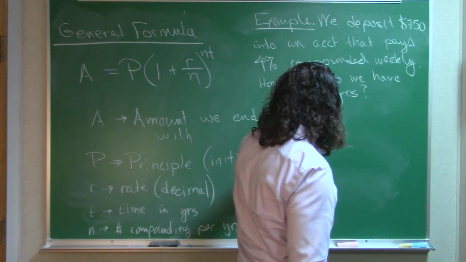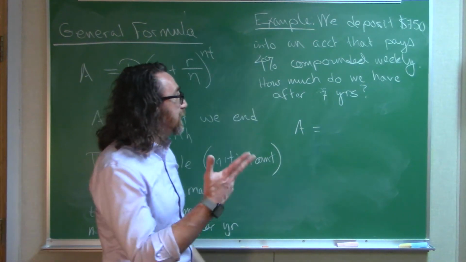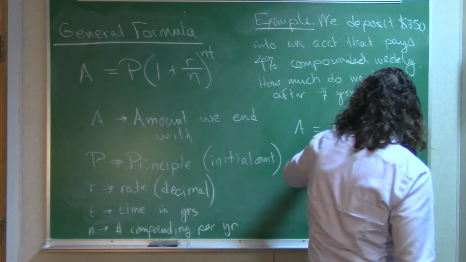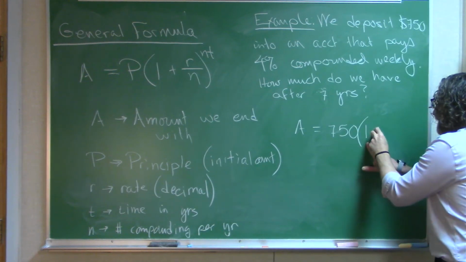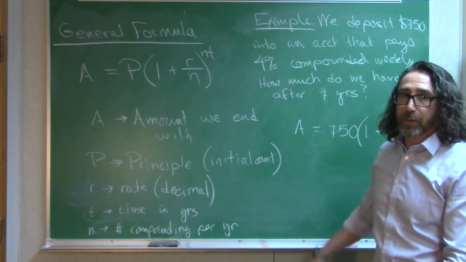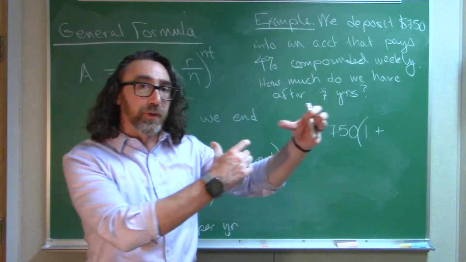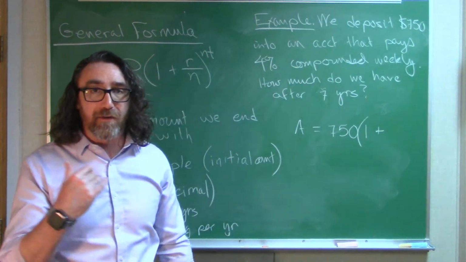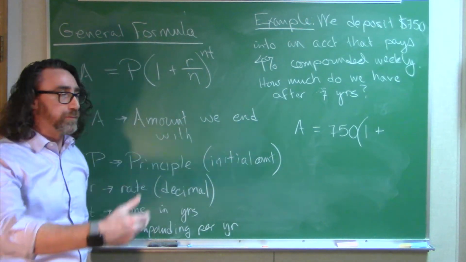Okay, so A, that's an unknown. We're trying to figure out the amount that we end up with. P, principal, we know how much we're starting with, $750. The 1 is always here, okay, that's always a 1. That's there because you keep everything you had plus an additional percent, so you have more than 100% of what you started with at the end of the next month.